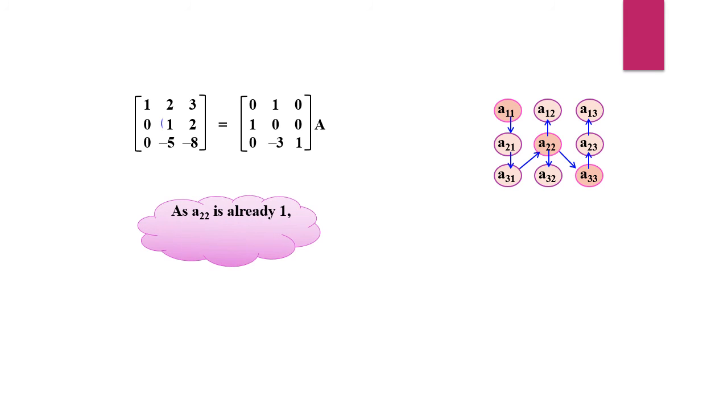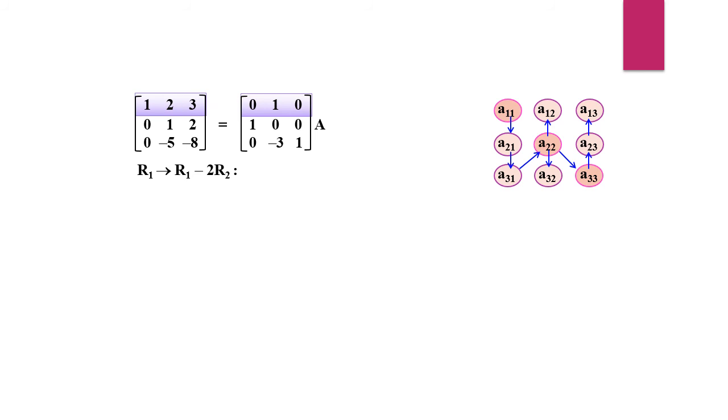Next we consider the second row second element, and we can see that it is already 1, so there is no need to apply any property over there. Next we proceed with the first row second element and the third row second element. We focus on the first row second element, and we need to reduce A12 into 0.